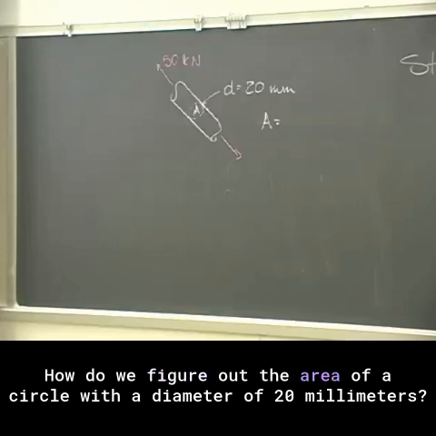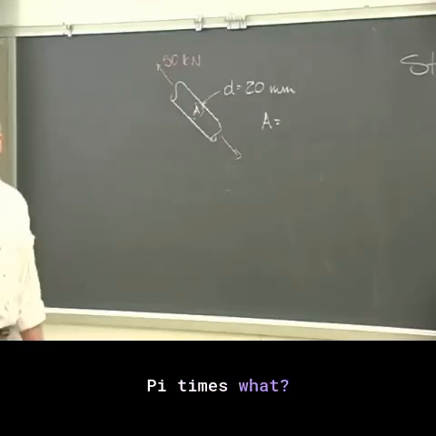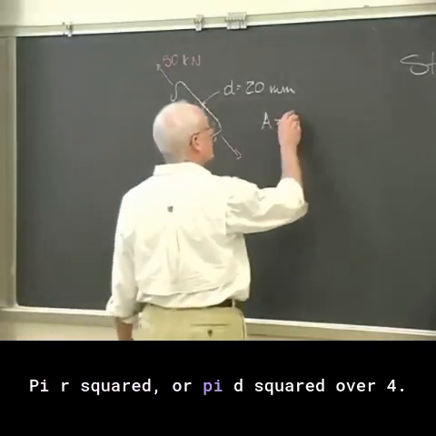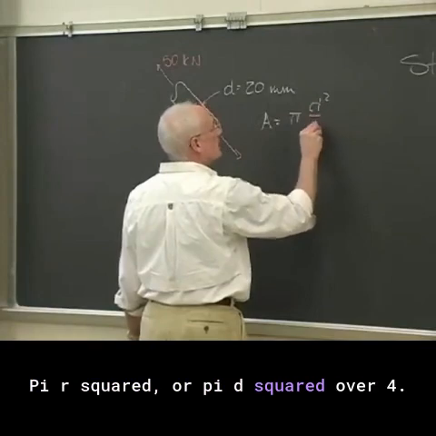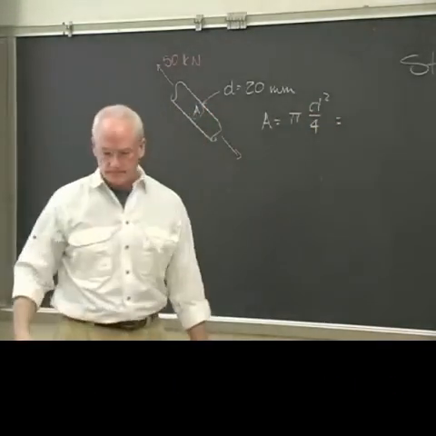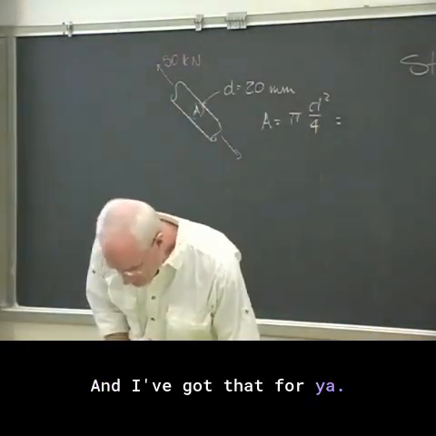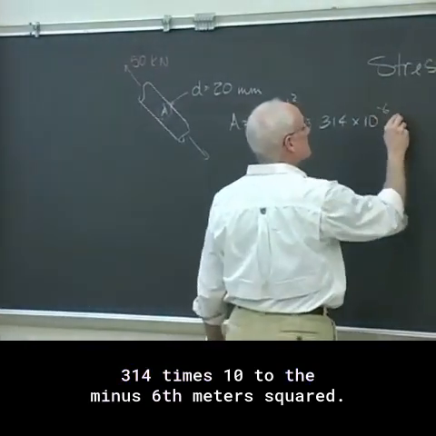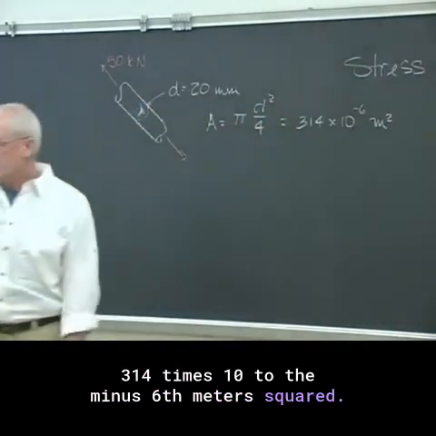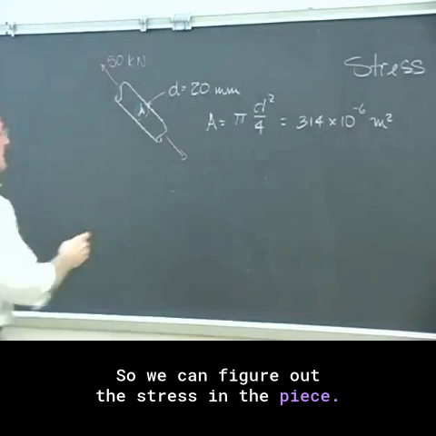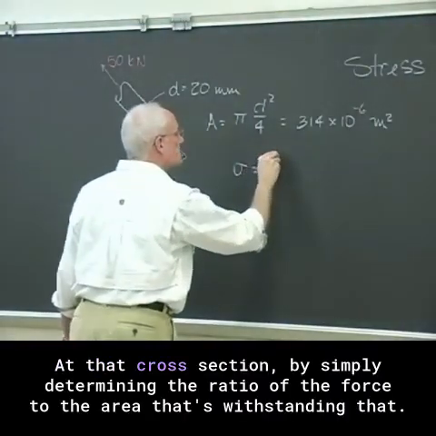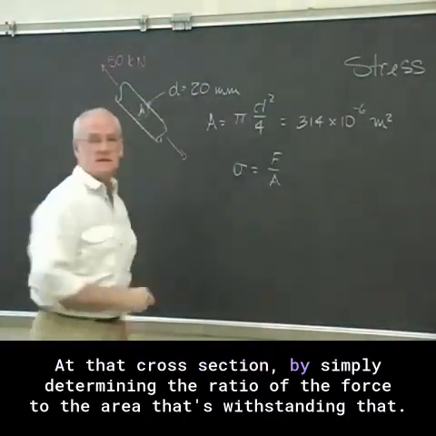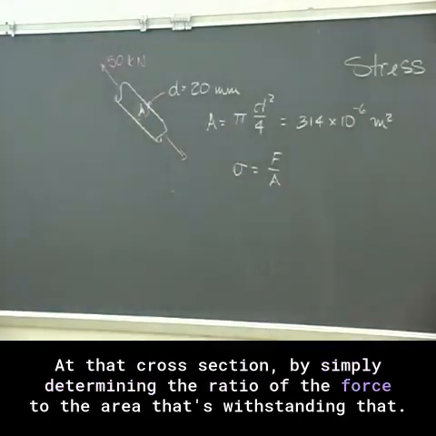How do we figure out the area of a circle with a diameter of 20 millimeters? Pi times what? Pi r squared, or pi d squared over 4. And I've got that for you: 314 times 10 to the minus 6th meters squared. So we can figure out the stress in the piece at that cross-section by simply determining the ratio of the force to the area that's withstanding that.